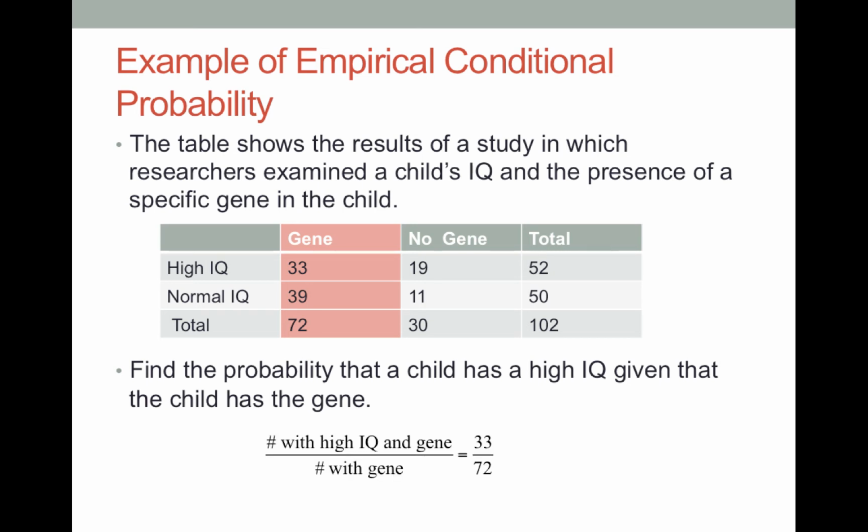That numerator is the number with high IQ and the gene, and at this point, we see that overlap there as 33. Then we're restricted in the denominator to only the number with the gene because the gene has occurred. The child standing next to us has the gene.